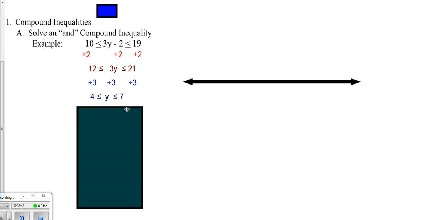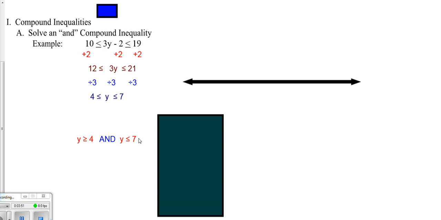At that point then, we're now thinking, okay, even though it's written all as one inequality, if we wanted to, we could split it into two different inequalities. y is greater than or equal to 4, right here, and at the same time, y has to be less than or equal to 7.